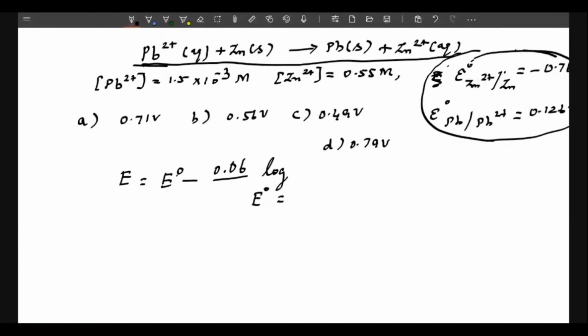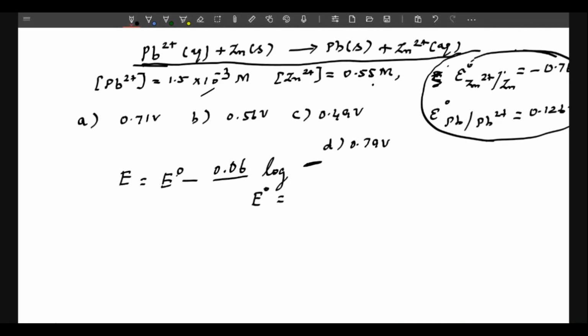Here the concentration of lead 2 plus is lower and zinc 2 plus is higher. Therefore, how do you expect the value to be: higher than the standard value or lower? You can tell by just looking; see for yourself whether it will be higher or lower.